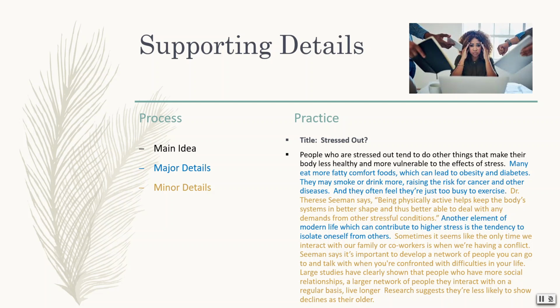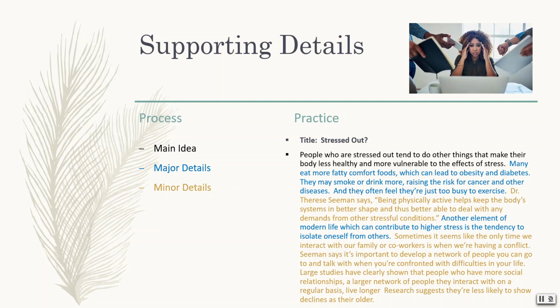This is a mental thing. So this would be another major detail. And then the rest of the paragraph talks about what happens when you isolate yourself and how that leads to stress. So interestingly enough, this paragraph had basically four major points and then details to support them.